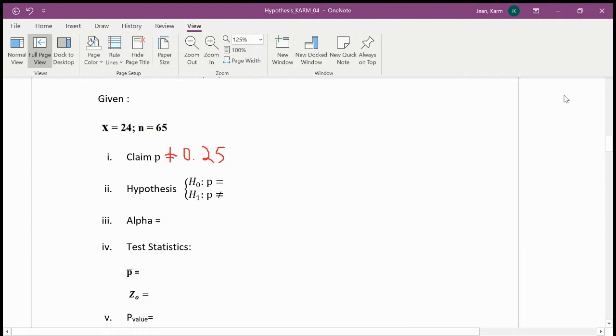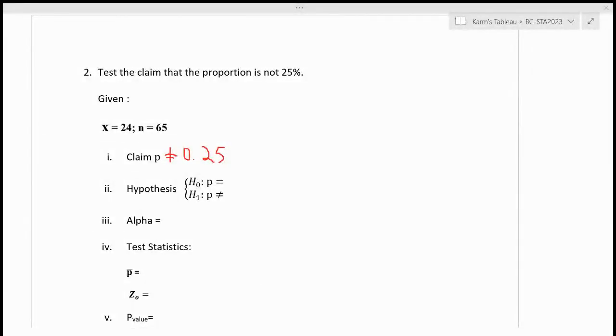So what will be the next part? So you're going to be over 0.25, also 0.25 here as well.